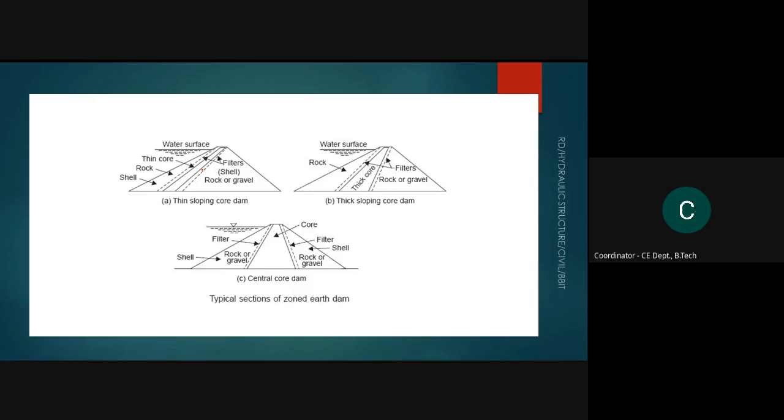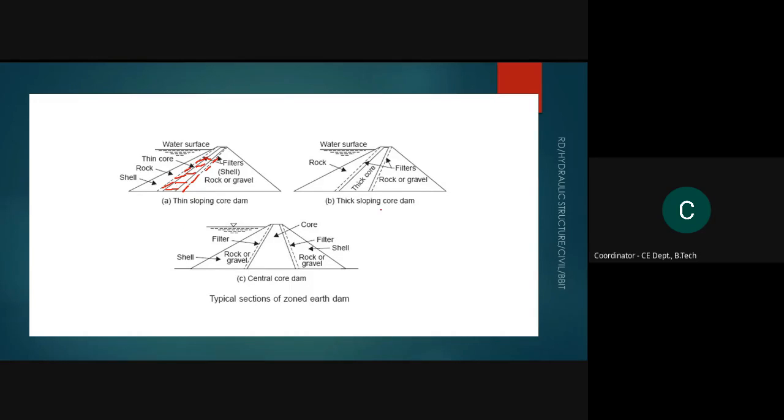So this is the thin core, and the outer shell part is the rocky part. The rock is provided in that part. This is also outer shell, constructed mostly with pervious material, and here the filters are provided. See this hashed line part, these are the filters.